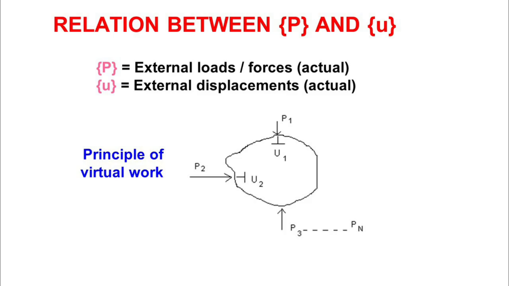Let us consider an arbitrary structure under the action of external loads P1, P2 and so on till Pn, and let the corresponding displacements be U1, U2 and so on till Un. Here we will utilize the principle of virtual work to derive the desired relationship.